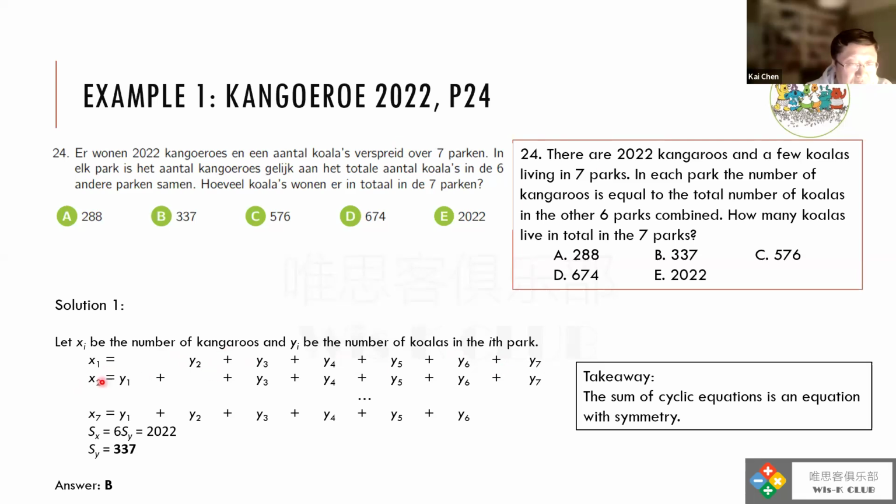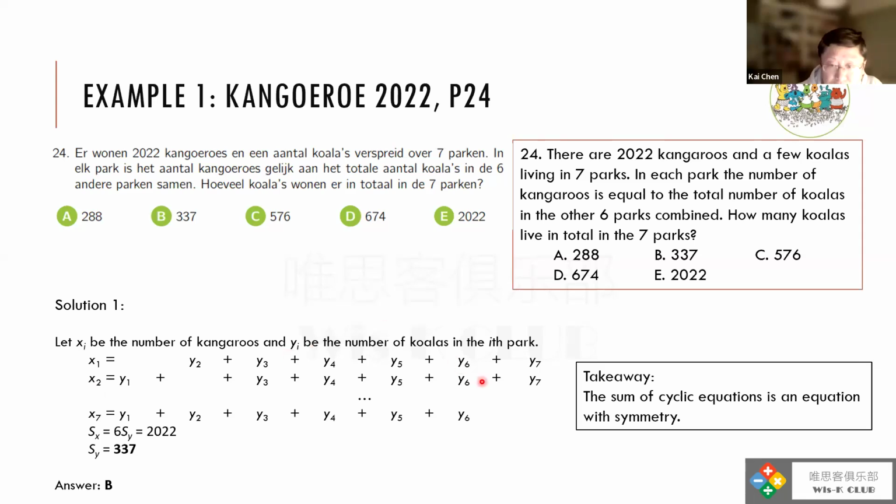And x2 for the second park is the sum of all the koalas in the other 6 parks, so that's y1, but not y2, and y3, y4 till y7. So in total, we have 7 equations, but unfortunately 14 variables. How can we proceed?